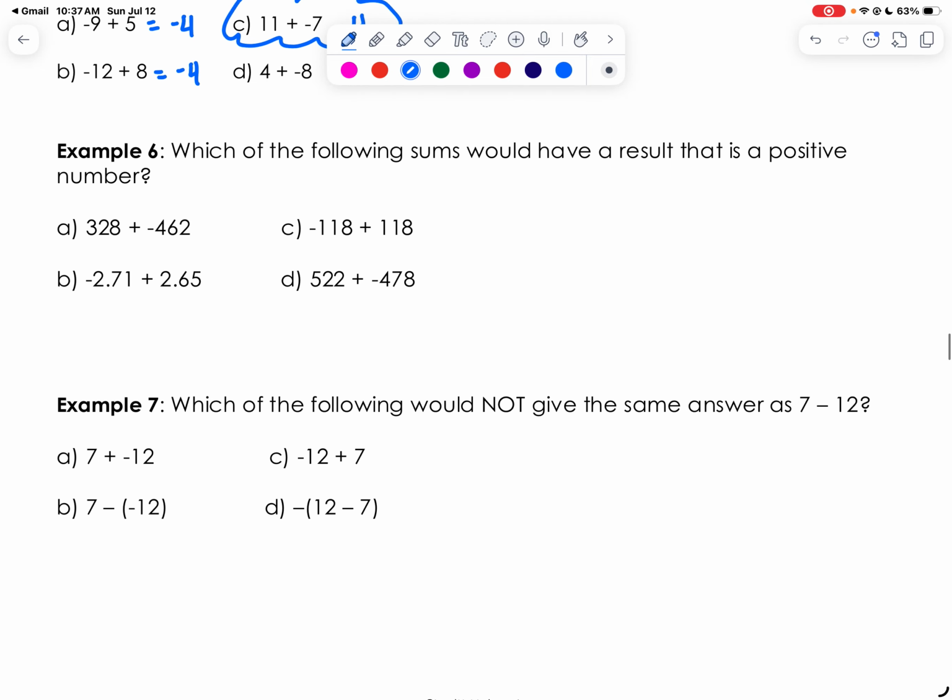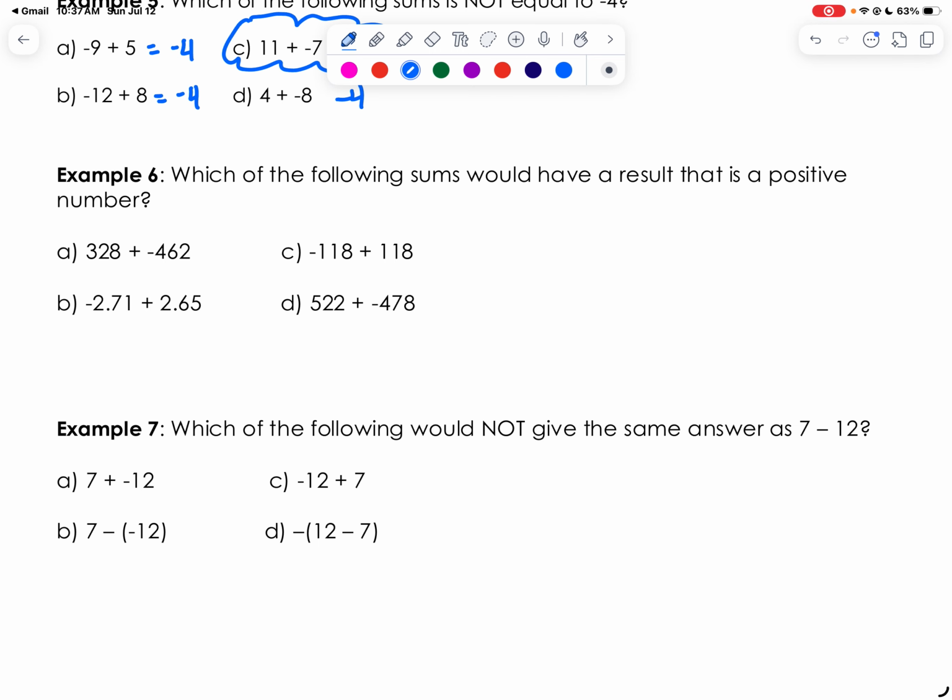Example 6. Which of the following sums would have a result that is positive? So in problem A, we have 328 plus negative 462. The sign of the larger is negative, so this would be a negative sum. B, negative 2.71 plus 2.675.